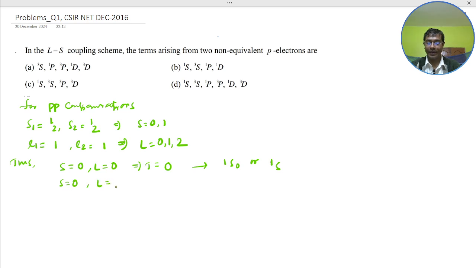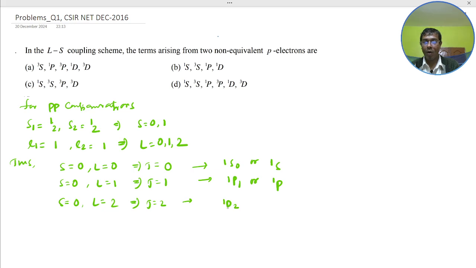S0 L1, that J is 1, that term would become 1P1 or 1P. Now S0 L2, J value 2, 1D2 or in short 1D.